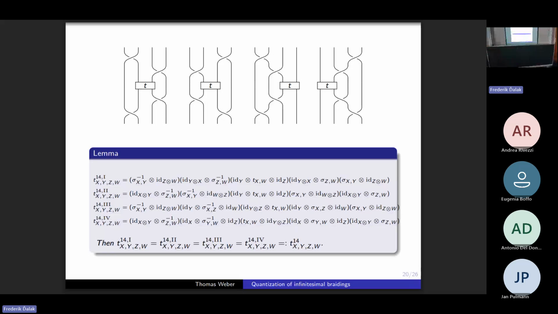This is great because now we can simply take any of these and call this the Aij. Here it's T because it comes from the infinitesimal braiding, but this is what our Aij's will look like. And this is also why it's 4, because we are living on the fourth tensor power.